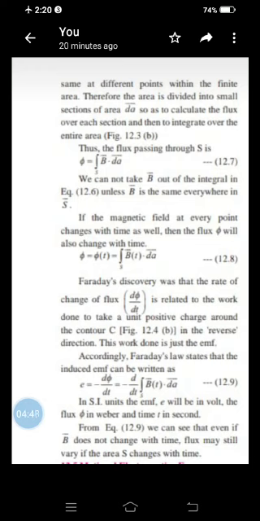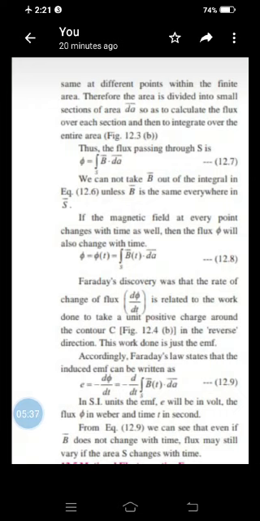We have to take integration over the entire area S. So the flux passing through the entire area S is phi equal to the integration of B bar dot dA bar over the entire surface S. We call it equation number 7.